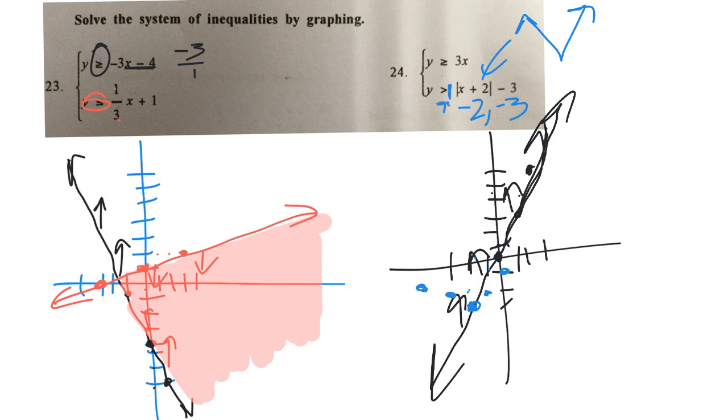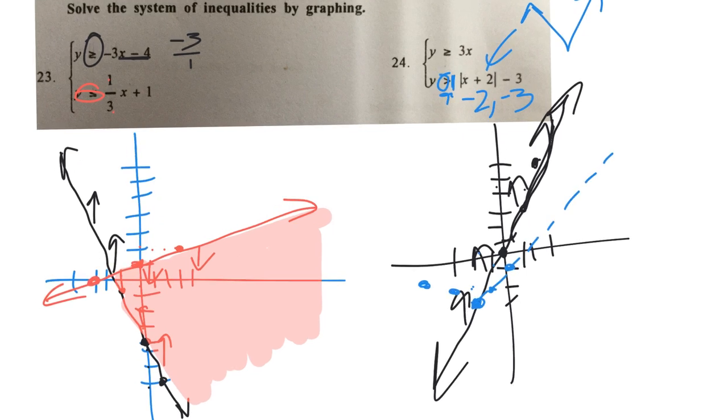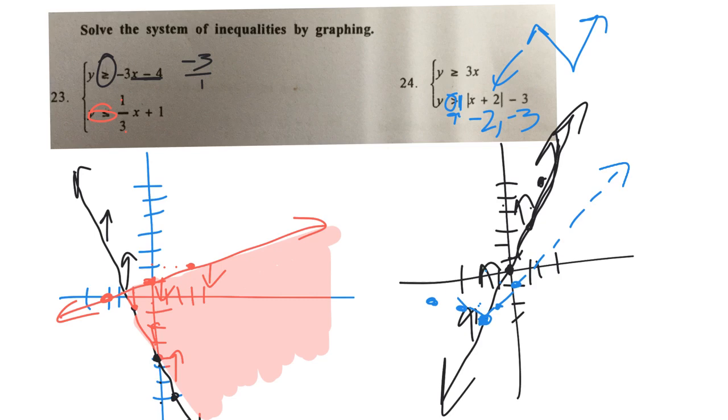And it's greater than, not or equal to, so I'm going to make it dashed. I maybe missed that point there. And greater than is shaded up as well. So our shading here is happening between that line and this part of the absolute value. So our shading is going on right in there.